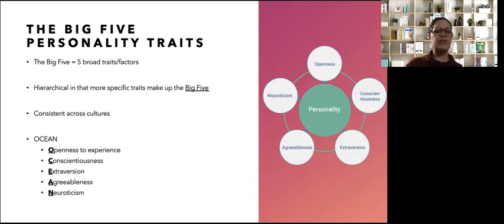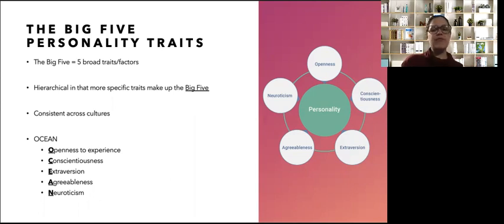The 5 factors identified underlie all personalities. Essentially, all personalities are made up of these 5 essential traits, just at different levels, right? Depending on the personality you are, it's going to have more or less of each of these 5 main traits. And these seem to be fairly consistent across different cultures as well.